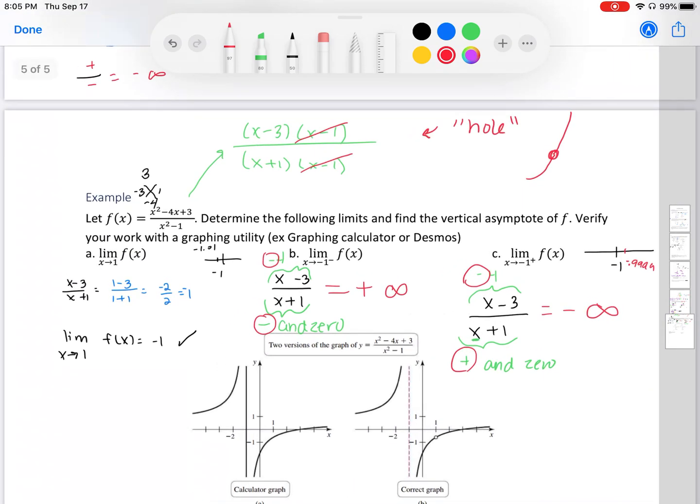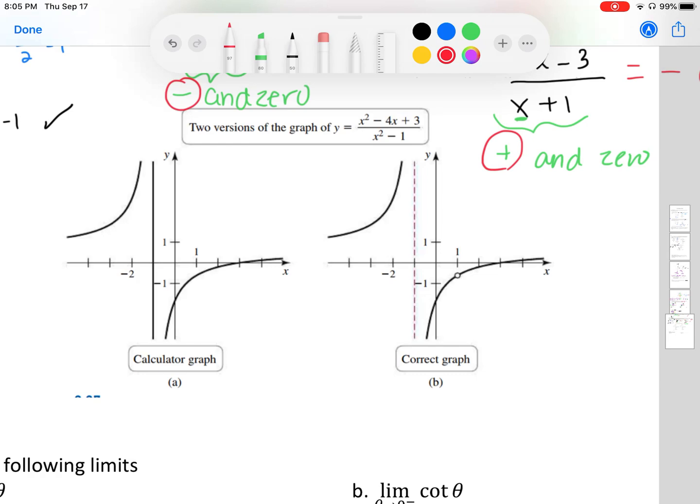We're able to come up with this. Now, the reason it's mentioning our graphing utility is because sometimes it'll leave out these holes, but you should still end up with the same answer, just as we saw. It's just not giving your entire graph. Here we see our correct graph has our hole, and our calculator graph may not emphasize that single open value.